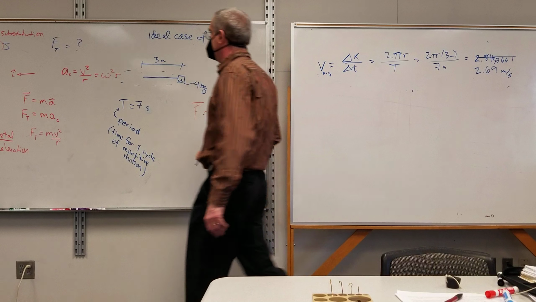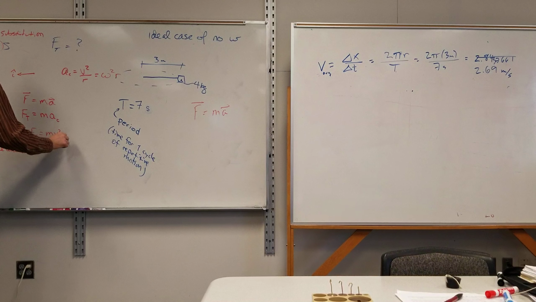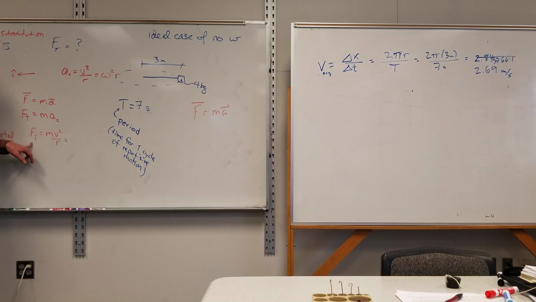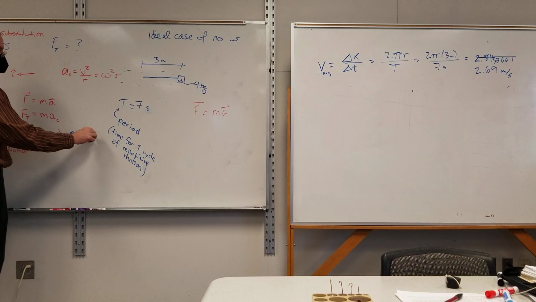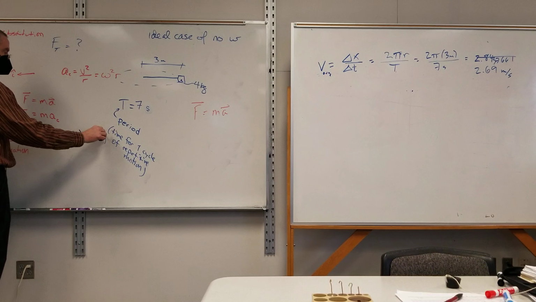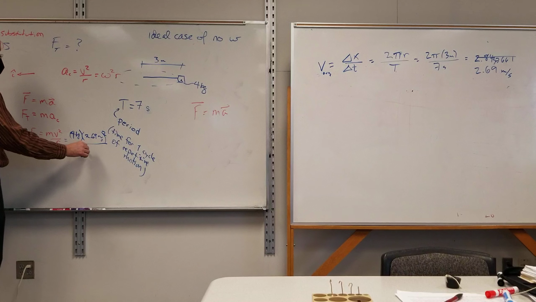So we now have the speed, it has just become a plug and chug. The tension, which was the original question, is the mass, which is given, times the speed of 2.69 meters per second squared, divided by the radius of 3 meters.